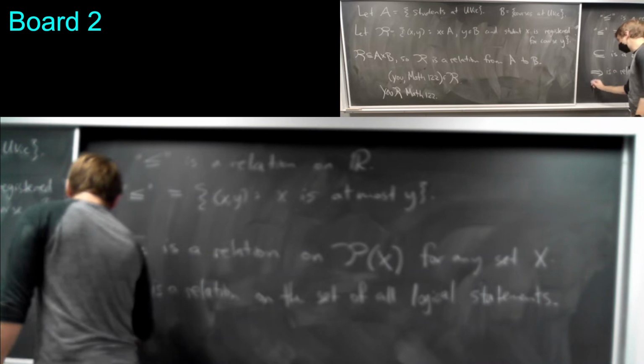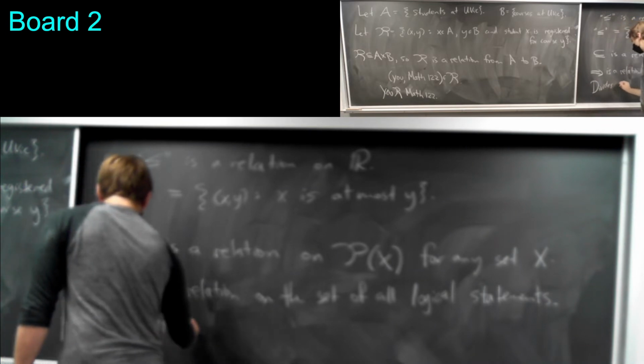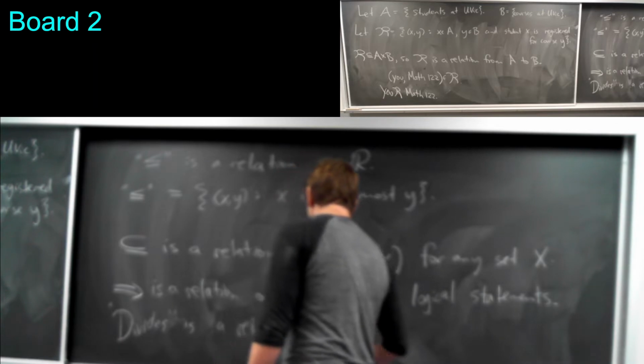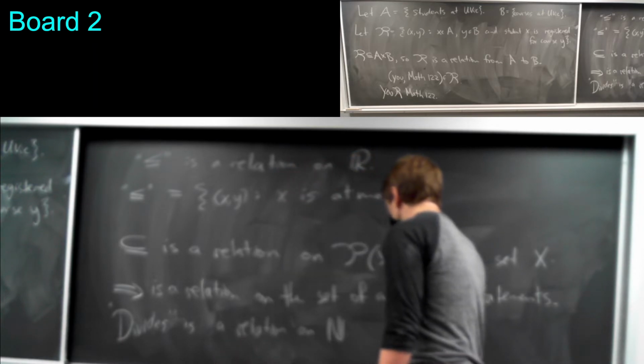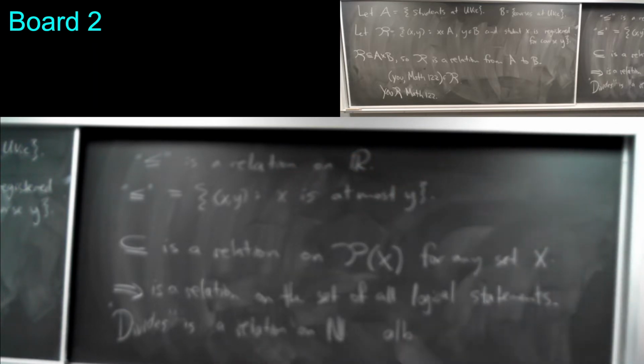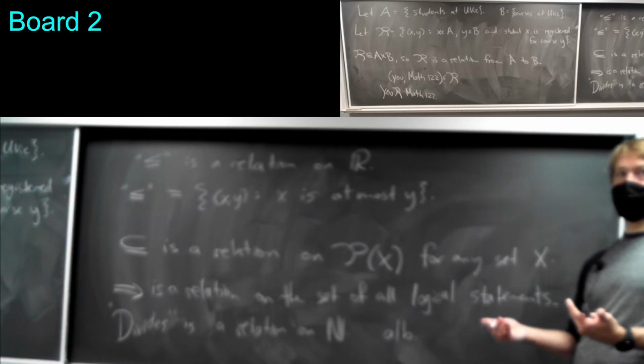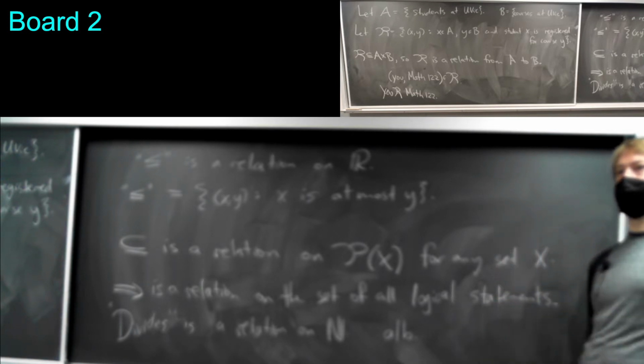Divides, for example. Divides is a relation on the natural numbers. A divides B, that kind of thing is a relation. Also the congruence thing, right? So congruence modulo M, that's a relation. So two things being congruent modulo M.